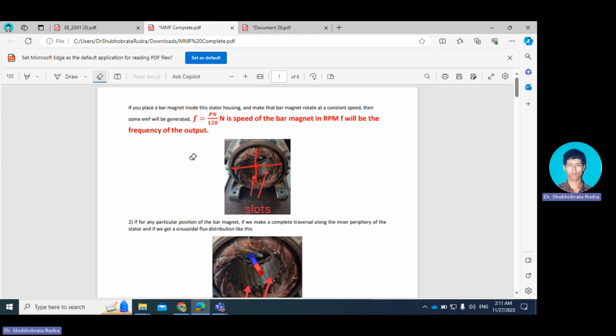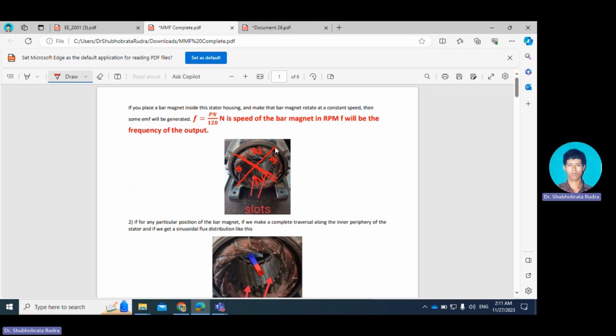If you find this looks odd, then let me draw some nice lines. Like here you have n, like this.